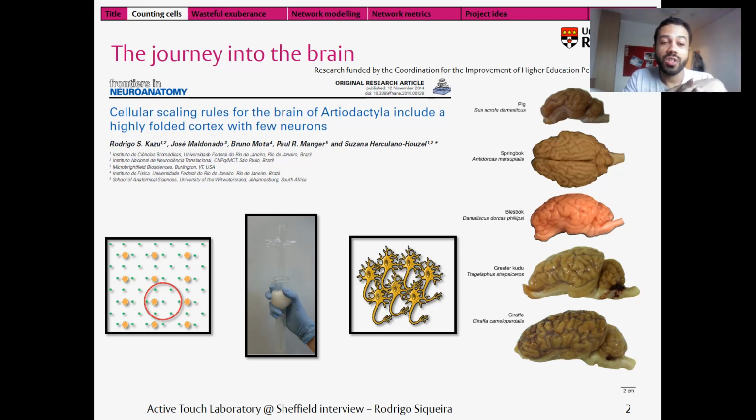So if you simply agitate those and mark the neuron nuclei with an antigen like NeuN, for instance, you can count them on a microscope and see how many neurons a brain has.